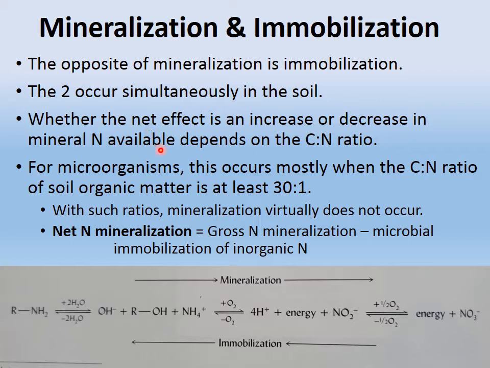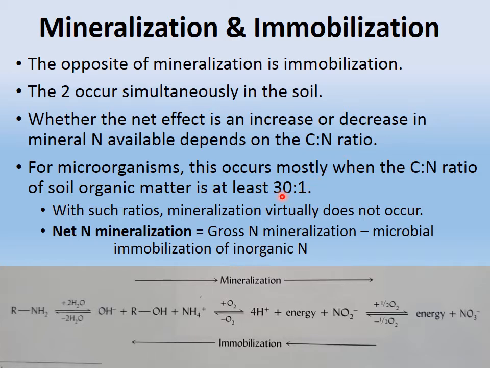So all you're saying is, whether you're going to get a net increase in ammonium or nitrate ions in the soil, it's going to depend on the levels of mineralization and immobilization taking place in the soil, as well as on the C:N ratio of the decomposing material.